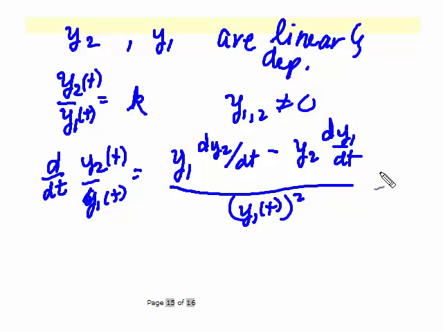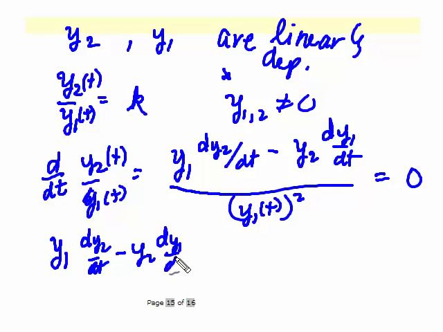And taking the derivative of k, it's going to be 0 because that's a constant. Now in order for this to hold, remember y1 is not 0, which is good, I don't have to worry about that, so the numerator has to be 0. That means y1 dy2 by dt minus y2 dy1 by dt has to be 0. This is for linear dependence.